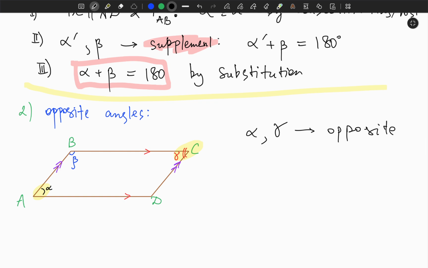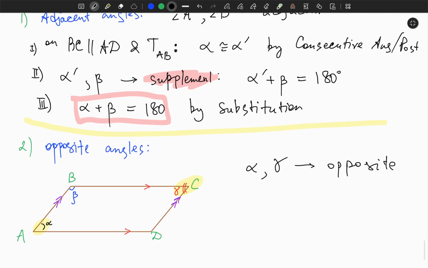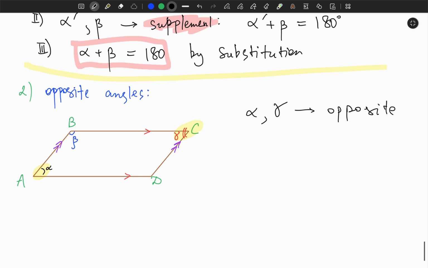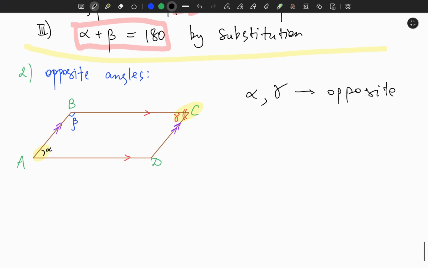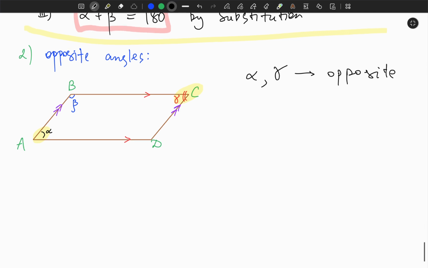Let's try to find their sum. We're going to use the same story, the adjacent angles that we did earlier. I'm going to use the adjacent angles twice.